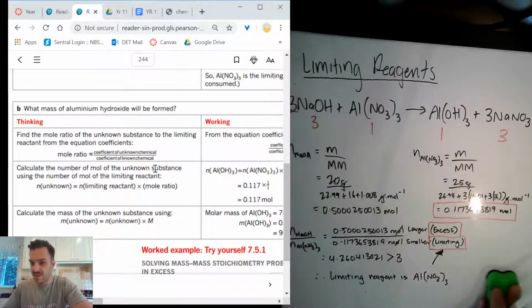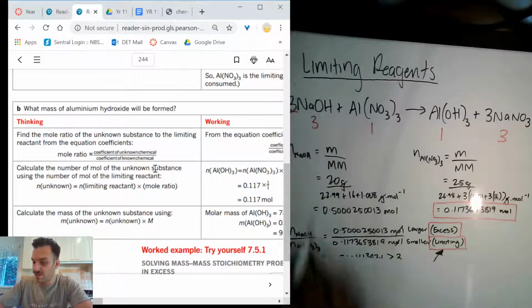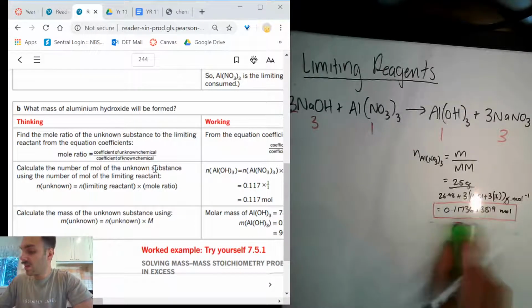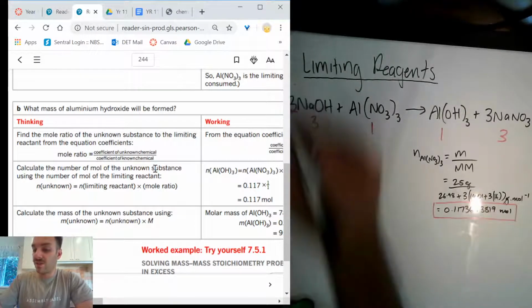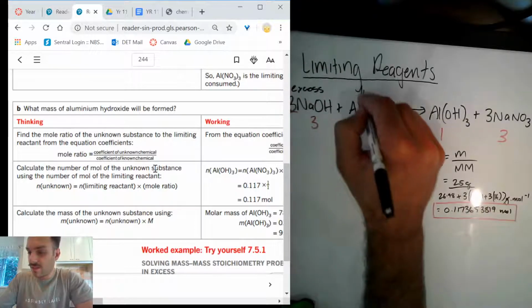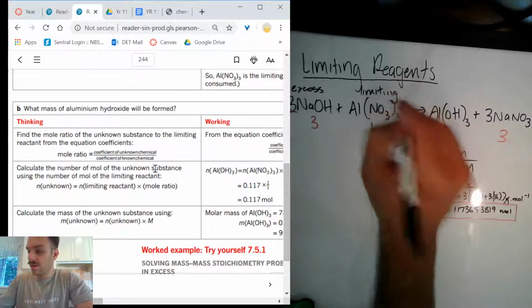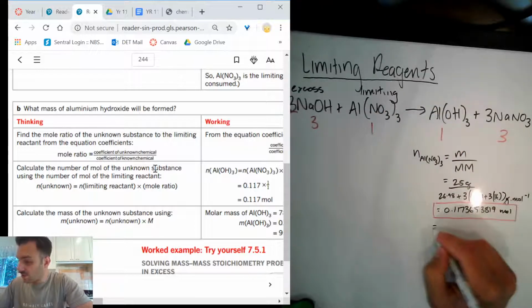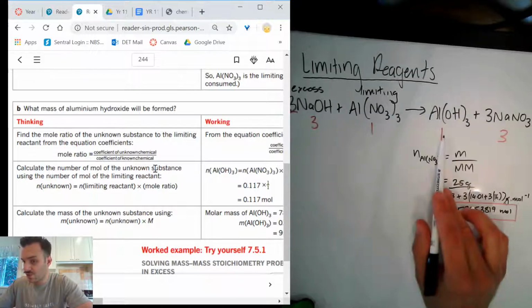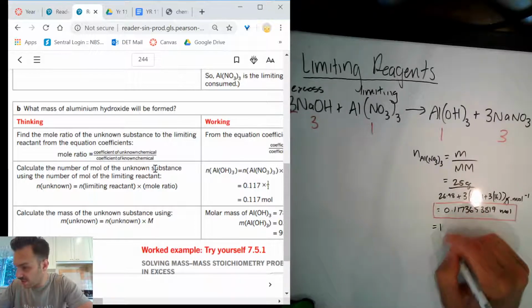And just for a little bit of space, I'm going to get rid of this stuff so I've got some space to do further calculations. I'll just remind everyone that this was excess, this is limiting. So this is also equal. This is a 1-to-1 ratio. This is the number of moles of aluminium nitrate. It's also the number of moles of aluminium hydroxide.